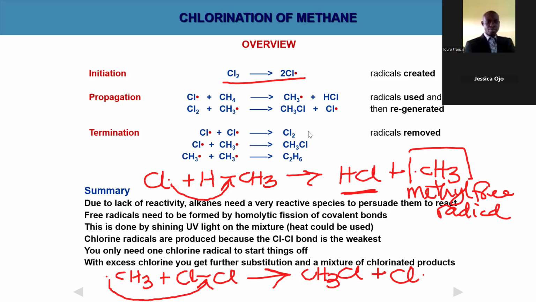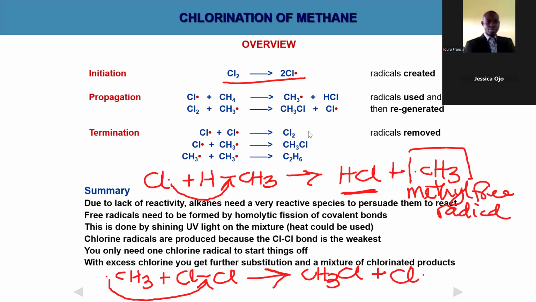So we have been able to produce chloromethane. You will see that in each propagation step, we have produced something. And you can use this method to produce HCl or CH3Cl, but there are a lot of other fragments being produced as well. Those fragments are difficult to separate or to remove.